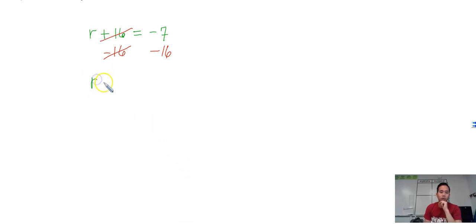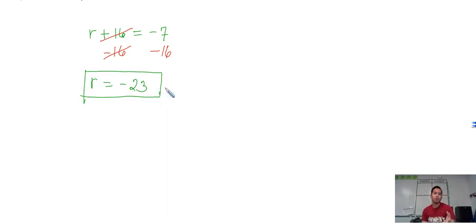So r is now equal to, because both are negative, you have to add them together and keep the negative. So r is equal to negative 23. So the value of r is equal to negative 23. All right, so that is our answer for this problem.